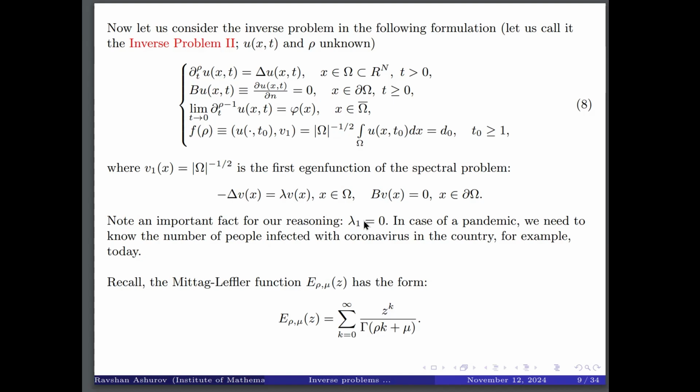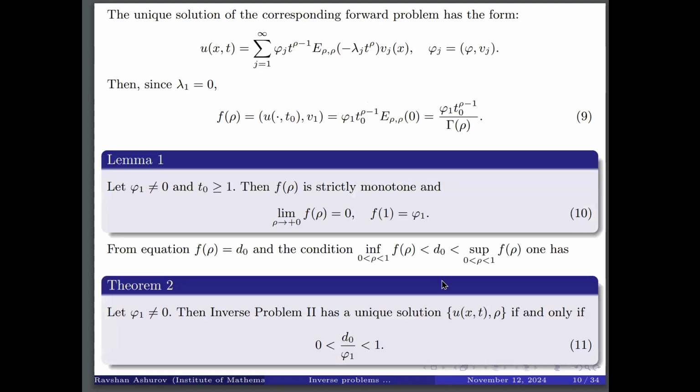Okay, now to solve this inverse problem, we should have a solution of the forward problem. The solution of the forward problem depends on the Mittag-Leffler function, which has the following form, and this forward problem has this solution. Now we want to find the function f.